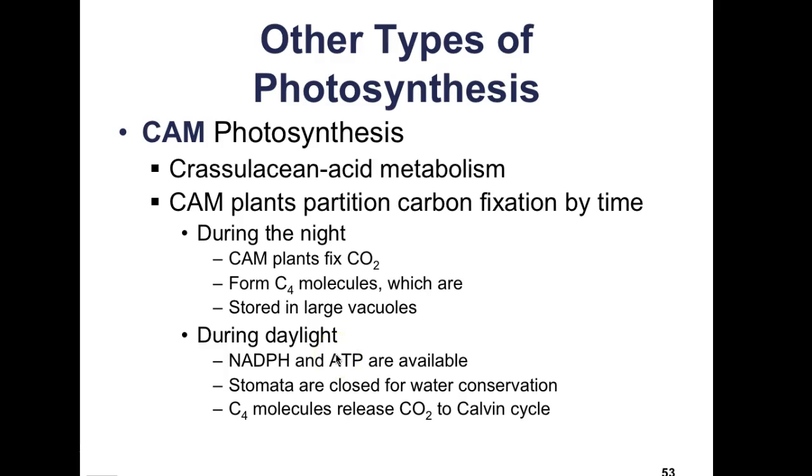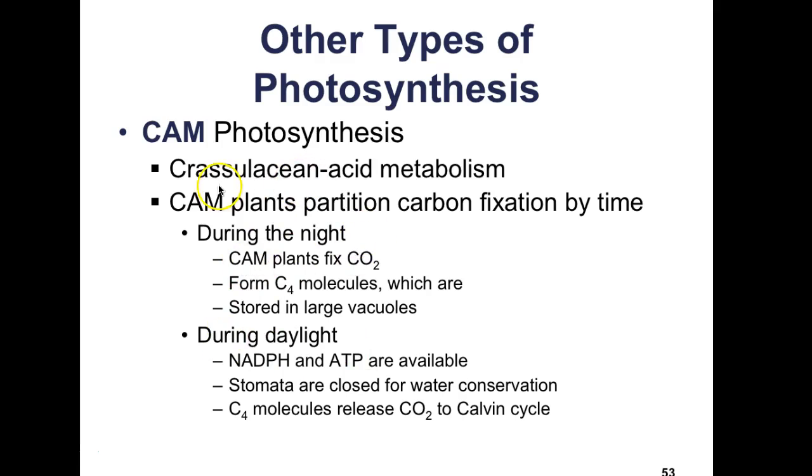We do have CAM photosynthesis. This will be a temporal separation, so day and night. CAM stands for crassulacean acid metabolism. Crassulacean acid metabolism partitions carbon fixation by time, so it's temporal here.